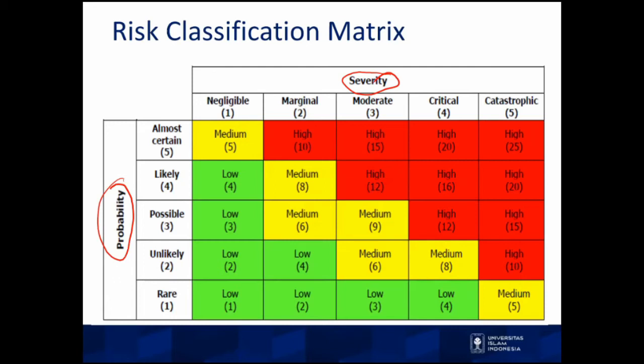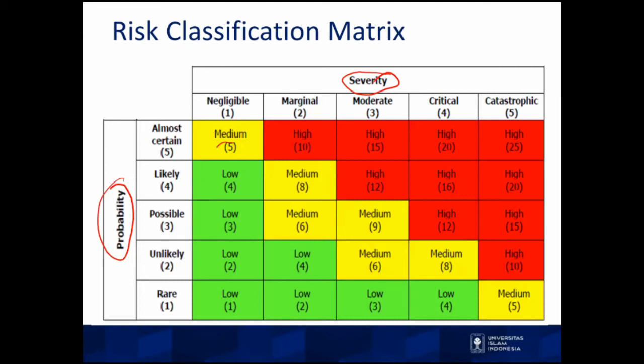In the severity, there are level 1 until level 5: negligible, marginal, moderate, critical, and catastrophic. In the probability, they are also divided into 5 levels: rare, unlikely, possible, likely, and almost certain.